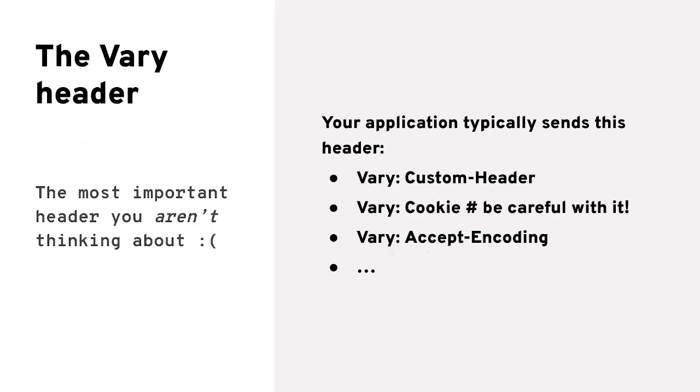Just keep in mind that if it is too specific, like the cookie one, then you're going to basically disable the cache for your users, which is not what you want typically. The worst one, of course, is the User-Agent. If you vary by User-Agent, then you basically break everything. Well, you break the cache for everyone, and that's very bad. So think about the Vary header. It is going to save you a lot of time.